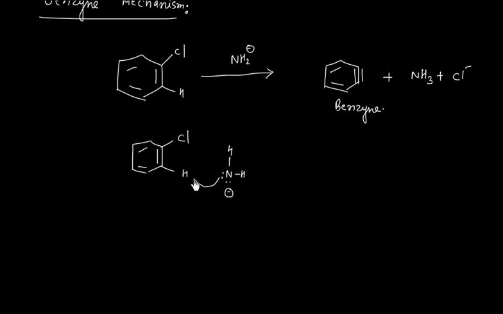So if you see, this is happening in this reaction. So nitrogen hydrogen bond is partially formed. This carbon carbon bond is partially formed. Carbon carbon bond is partially broken.